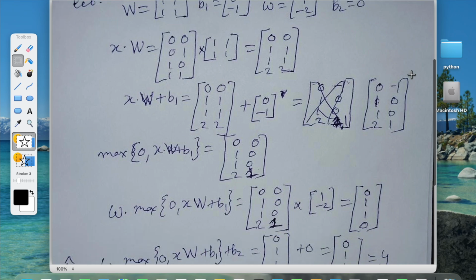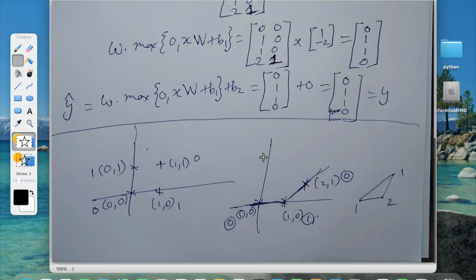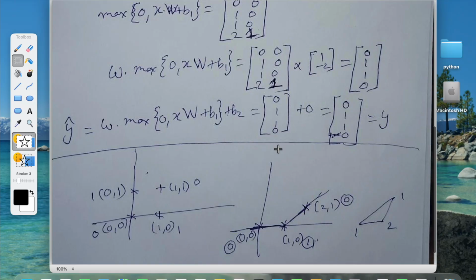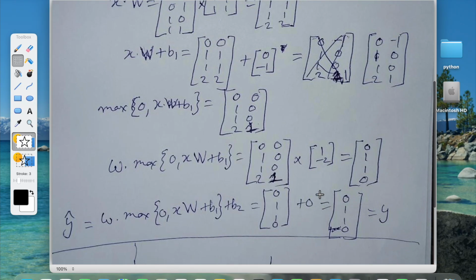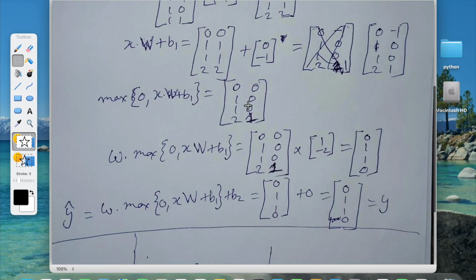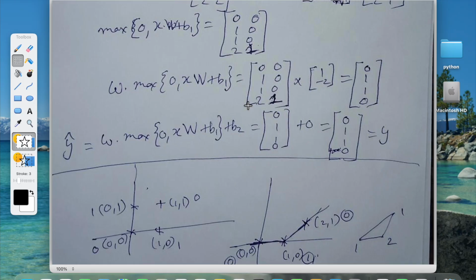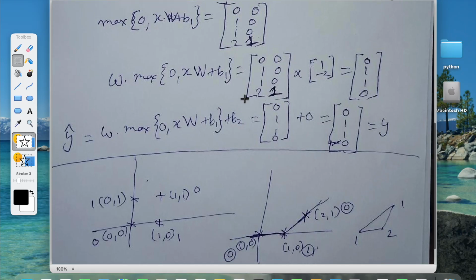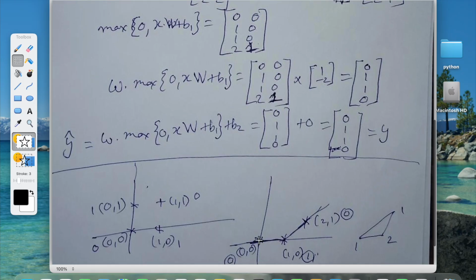That plays a major part. This negative value is converted into 0. You can see when I plot this particular instance, the output of the ReLU function, that is 0 0. Let me just show you. It's 0 0, then we have two instances of 1 0, and then one instance of 2 comma 1.